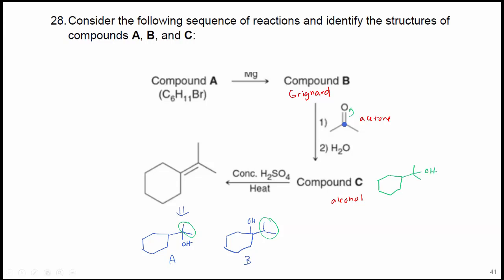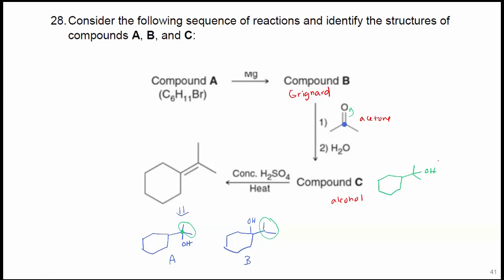So that one is compound C. So again, the alcohol forms on the same carbon where those methyls are that were added, which is how we got to structure being A. All right, and for B, we're looking at a Grignard reagent.